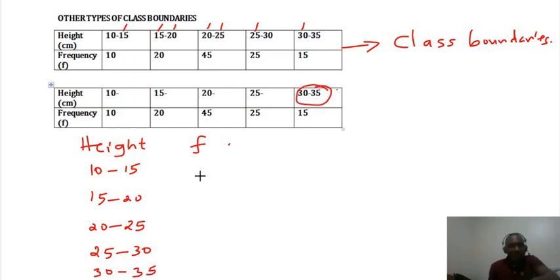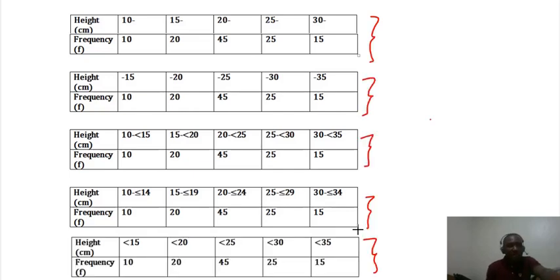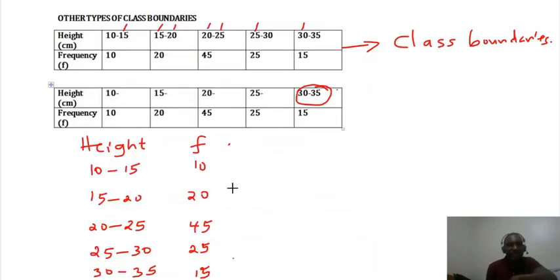So the frequencies follow suit. We have other types of class boundaries. So this type of class boundaries, all of this, they mean the same thing. So my dear viewer, you can pause the video and have a look at these types of class boundaries. They are all equivalent to redrawing your table of this type of data.